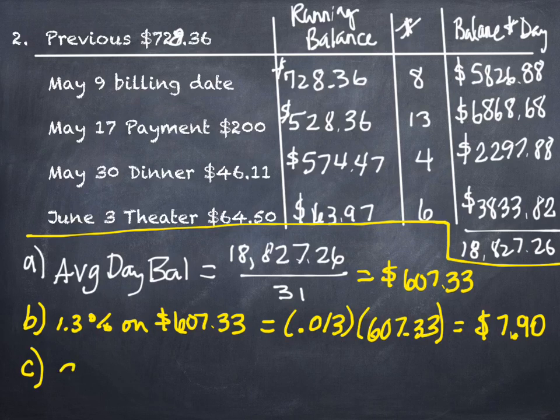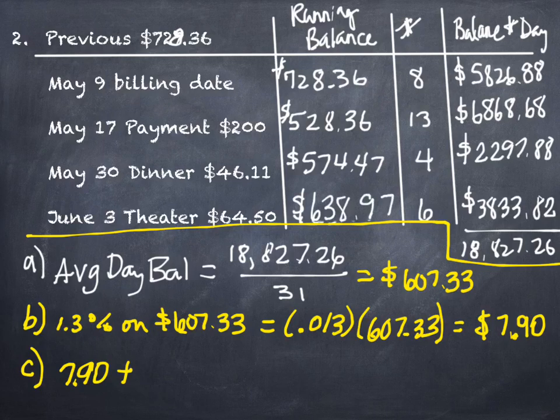I'm going to add 7.90 to something, but it's not going to be to the 607. It's to the running balance. So it's this last balance right here that I had. I don't think mine looks quite right. I don't think I got it in there. What was my last balance supposed to say? $648.97. All right, my 8 got left out.